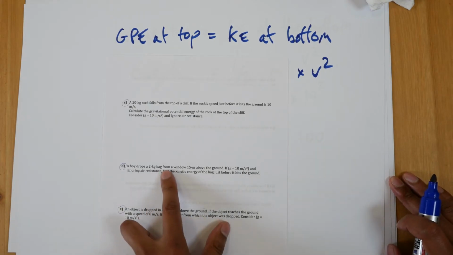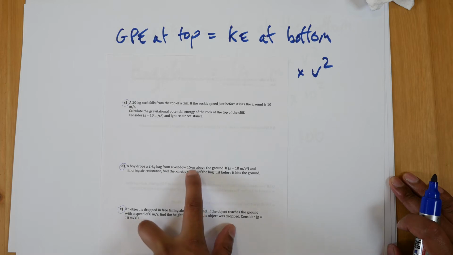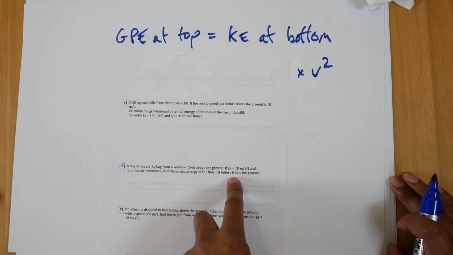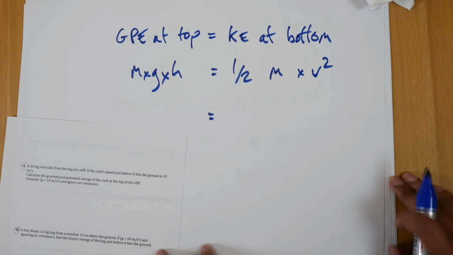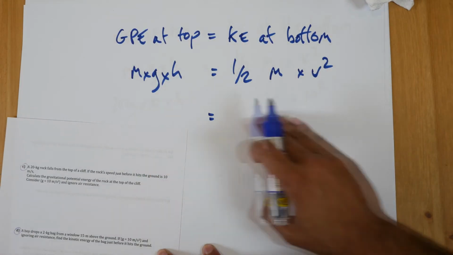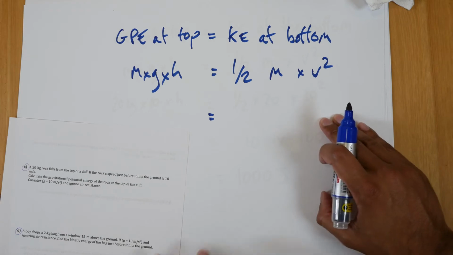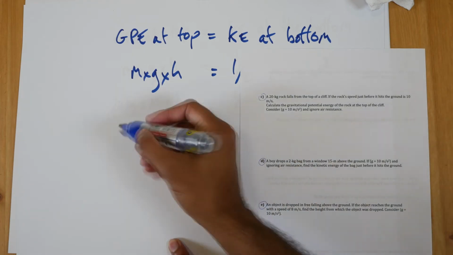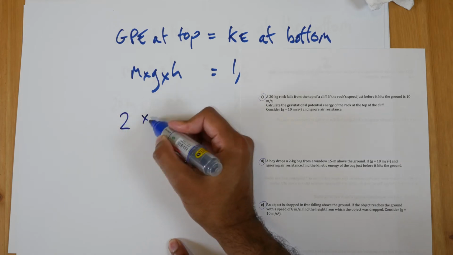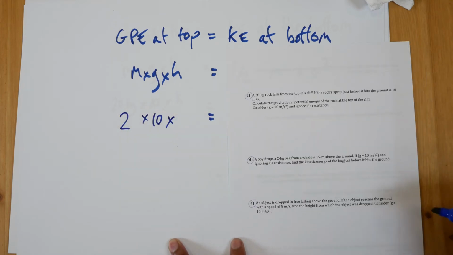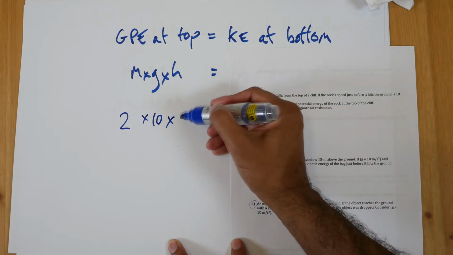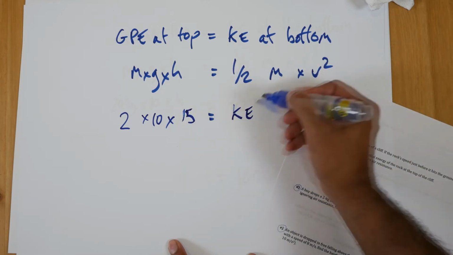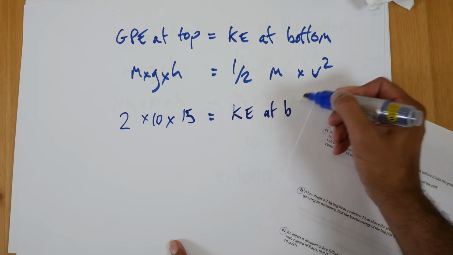Right, a boy drops a 2-kilogram bag from a window 15 meters above the ground. Find the kinetic energy. Right, we've got basically everything here. All we've got to do is work out the kinetic energy over here. Okay, so you just work out this bit. So they tell you the mass is 2 kilograms times by 10 times by the height, and the height is 15. Okay, and it's going to equal the KE at bottom.